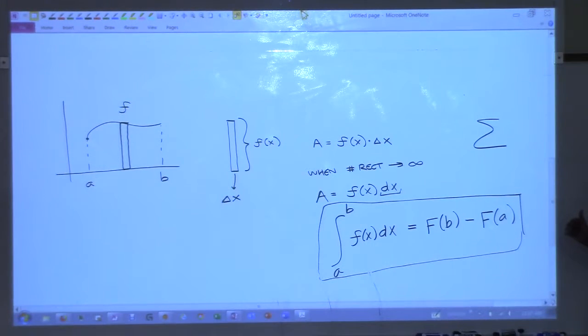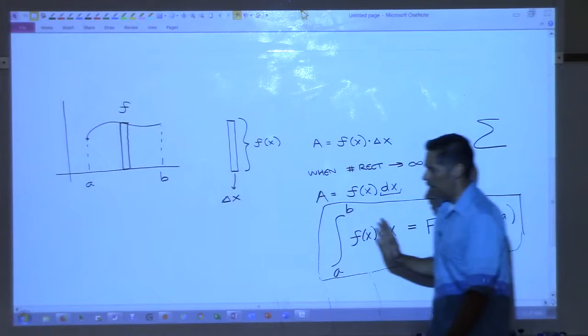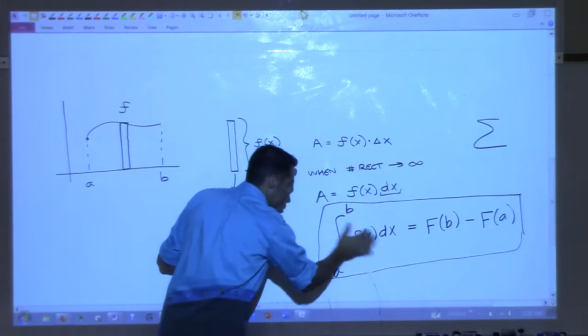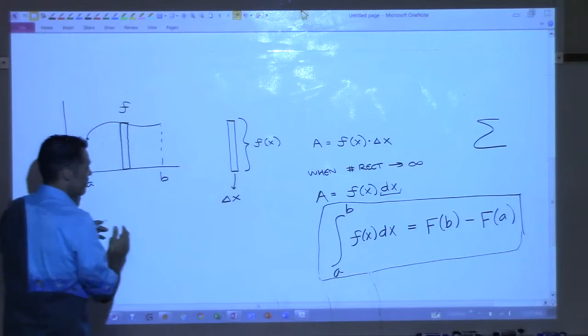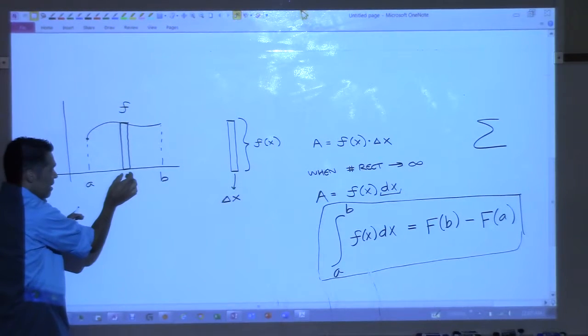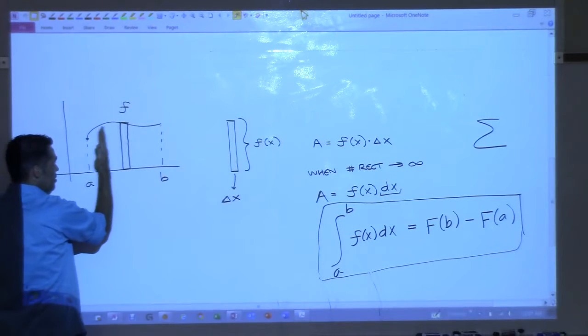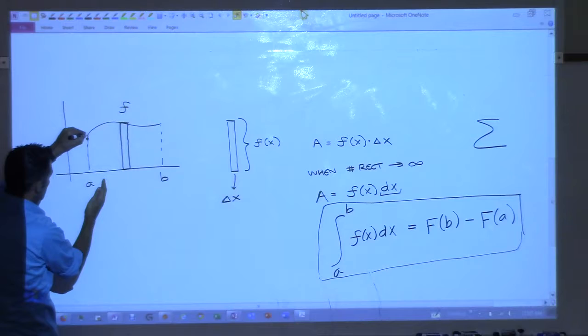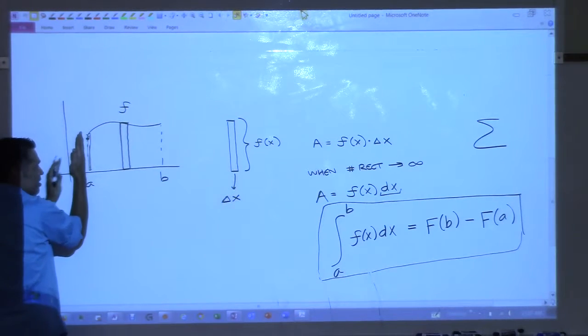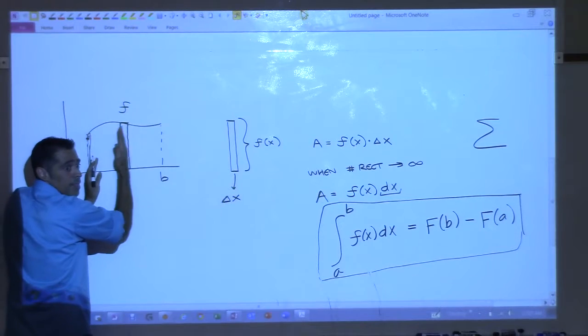Okay. But again, I can't stress this enough. When we see this notation, what we should be thinking is, we've got these rectangles with a height of f of x and a width of dx. We imagine starting that rectangle out here, infinitesimally thin, and then we slide our way across and add up all these areas.